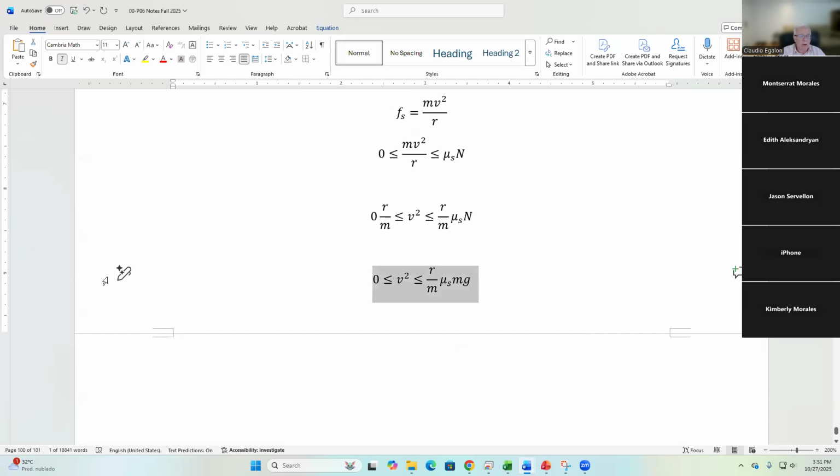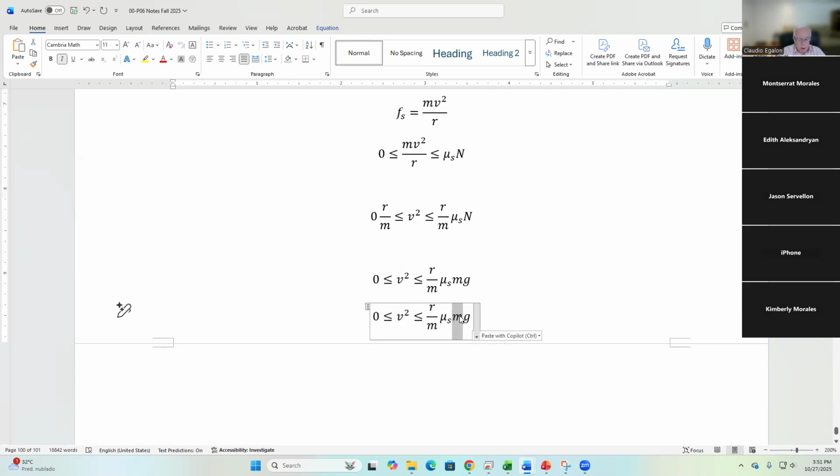So from this inequality, we can go to the next step of the problem. Cancel out the mass and recognize that the maximum value of the velocity squared is going to be given by r mu sub s g.